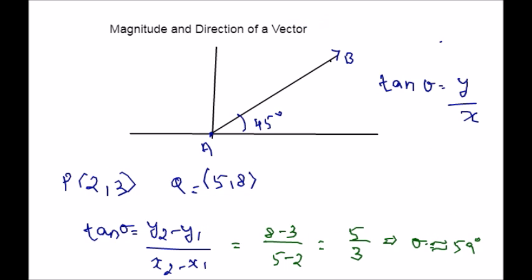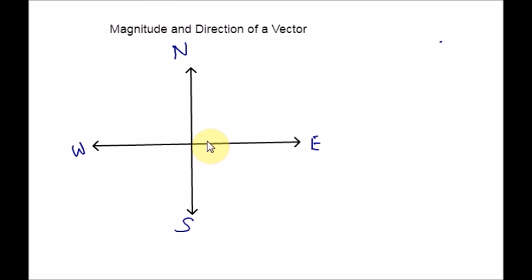The direction of a vector is often expressed as an angle of rotation of the vector about its tail. So this portion is the tail. Or you can just imagine the directions: west, east, north, south. Please have a glance over this. For example, a vector can be said to have a direction of 40 degrees north of west, meaning a vector pointing west has been rotated 40 degrees towards the northerly direction.